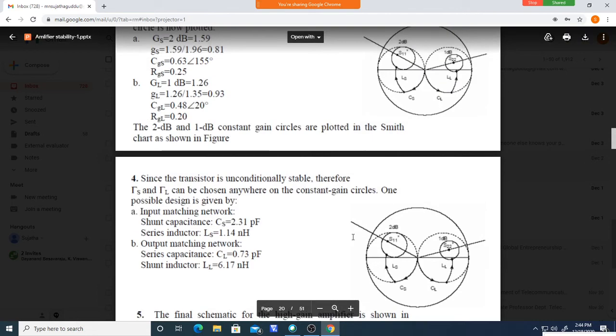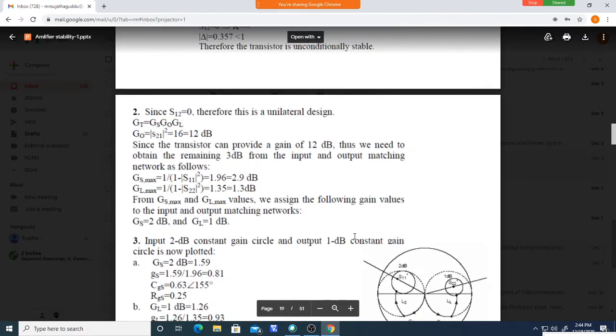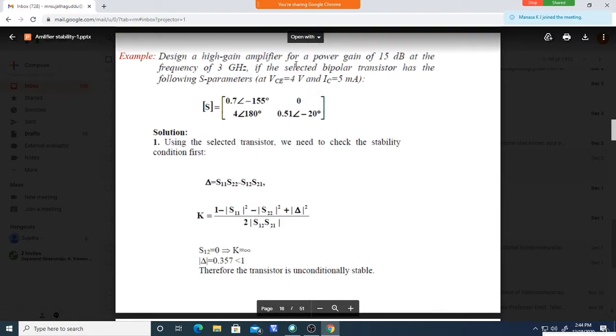So amplifier design will be there in the fifth unit. Design an amplifier: design a high gain amplifier for a power gain of 15 dB at the frequency 3 gigahertz. So a problem like this will come in the test.